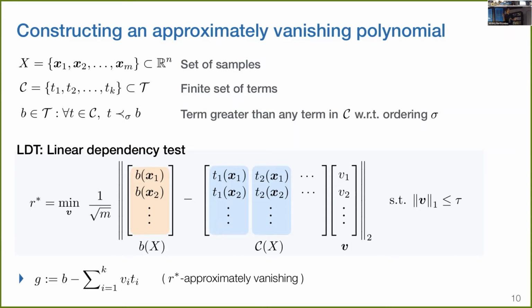And then we solve this regression problem and get R star. By solving this, you can get an approximately vanishing polynomial, G equals B minus the summation of the coefficient times each term. So you get these coefficients by solving this regression problem.